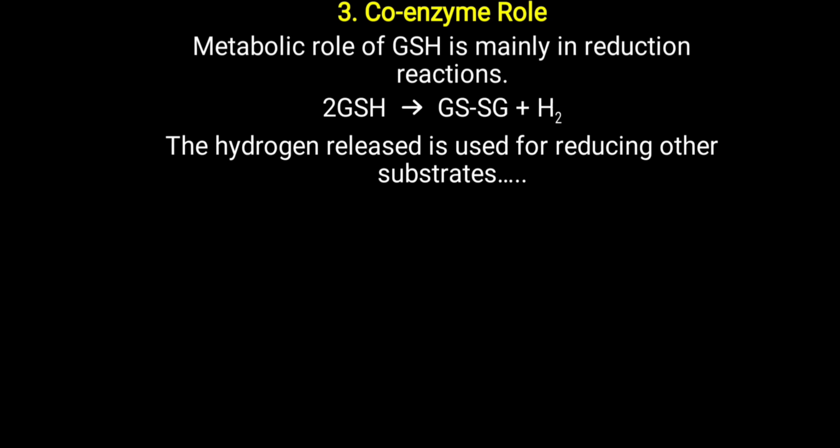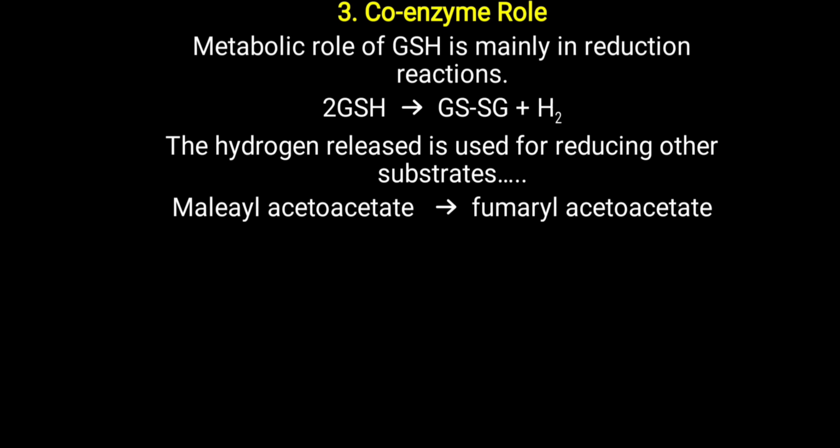That H2 is utilized for various purposes. The hydrogen released is used for reducing other substrates. A simple example is maleylacetoacetate to fumarylacetoacetate formation, which is part of the phenylalanine tyrosine metabolism. During that metabolism, maleylacetoacetate is generated, and that will be converted into fumarylacetoacetate, and that will be further metabolized. But for this conversion, glutathione is very helpful.